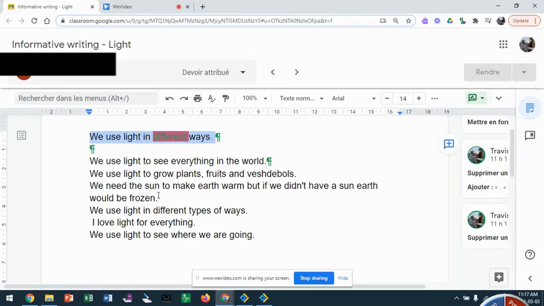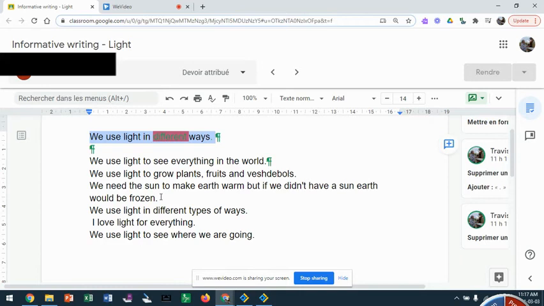I don't know if we are talking about light, but it's like sun is basically kind of light. So what is it about the sun that helps to make Earth warm, Tanner? What are you thinking? If we had like a sun, then the Earth would stay in its shape.